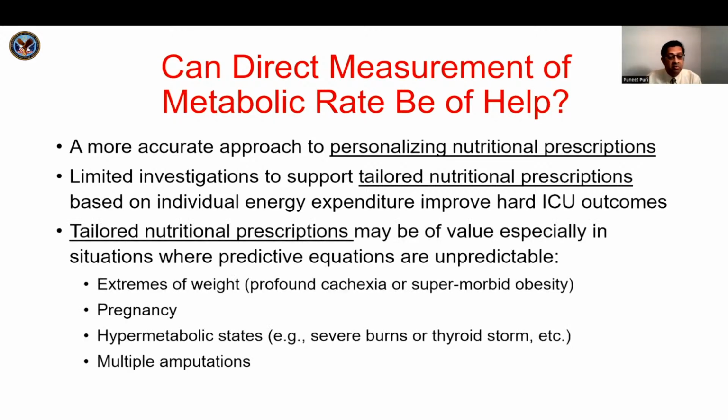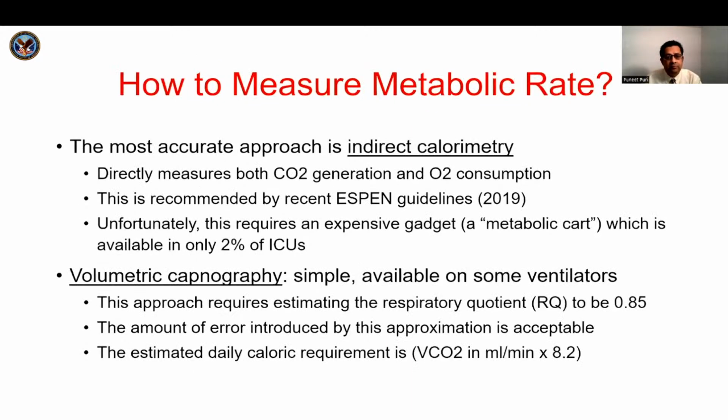Tailored nutritional prescriptions may often be of value, especially in situations where predictive equations are more unpredictable, such as extremes of weight, either profound cachexia or supermorbid obesity, pregnancy, or hypermetabolic conditions like burns, thyroid storm, and in this patient situation, severe alcoholic hepatitis and acute liver failure. All of those may have multiple amputations.